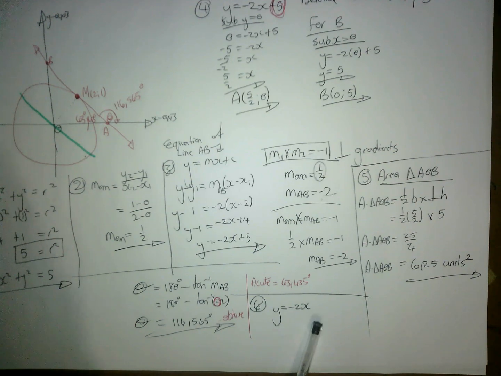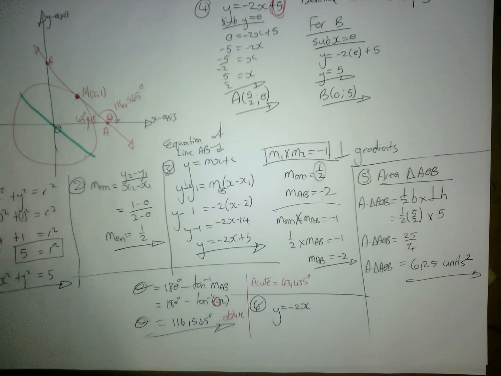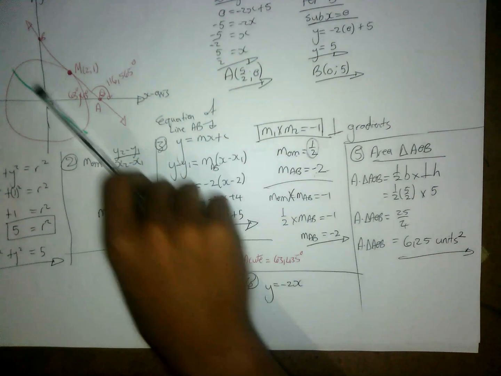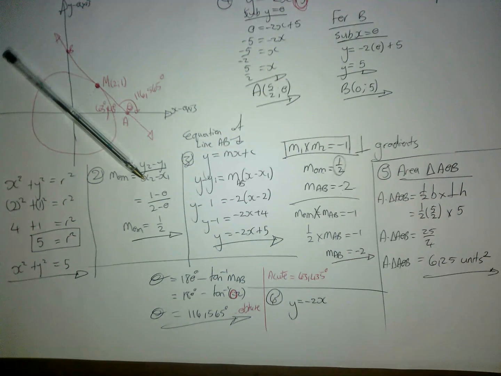Because we have no c value, because this line will never cut the y-axis. Your c value is basically wherever the line cuts the y-axis. And this green line passing through the origin will never cut the y-axis or the x-axis, only at the origin, at 0.